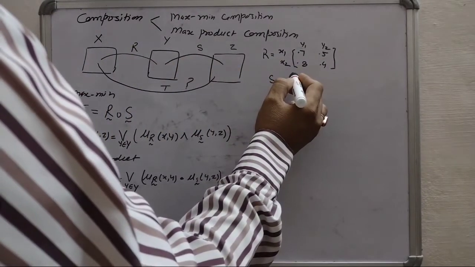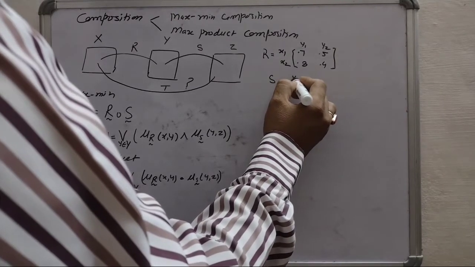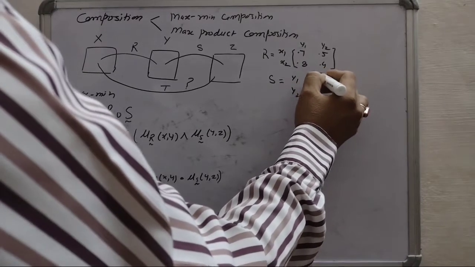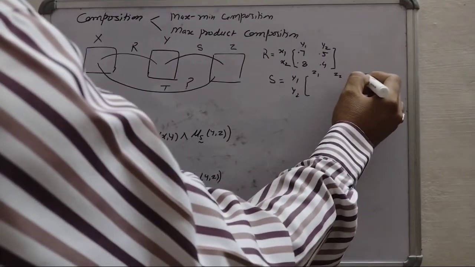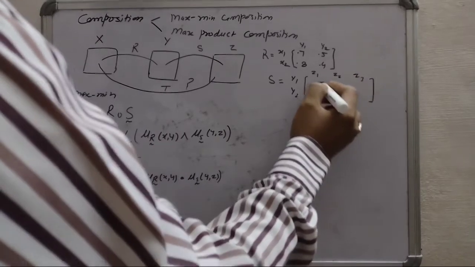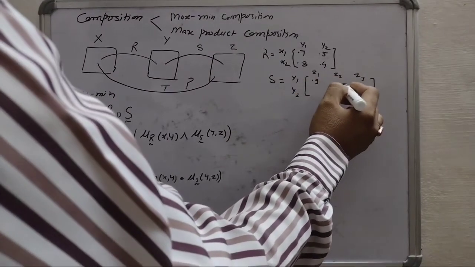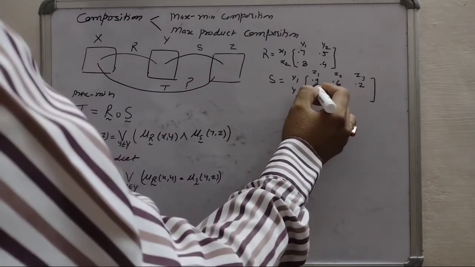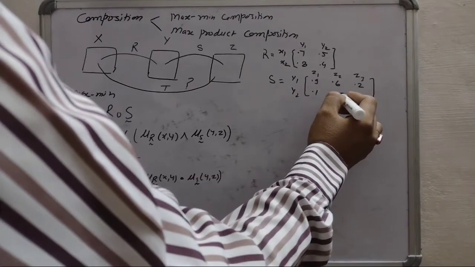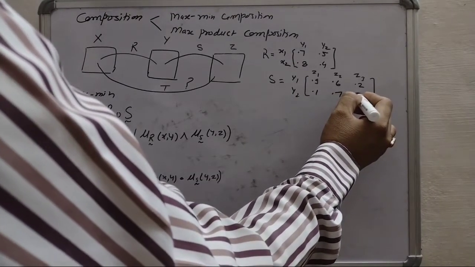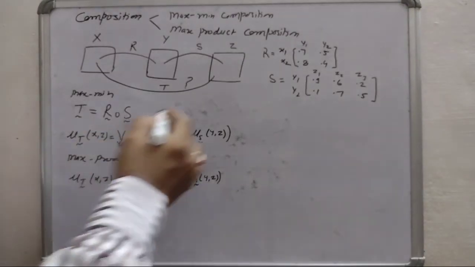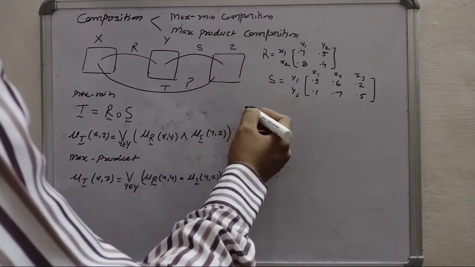Then S equals to, suppose 2 elements are there in Y and 3 elements are there in Z. And the membership values are 0.9, 0.6, 0.2, 0.1, 0.7, 0.5. Now we will find first max-min composition.